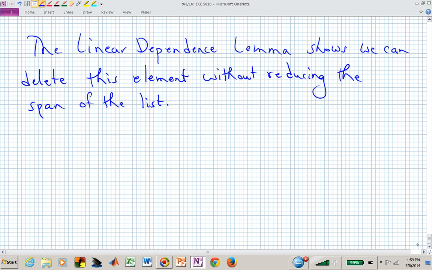So now if we remove that linearly dependent element from the list, we haven't changed the span of the list.